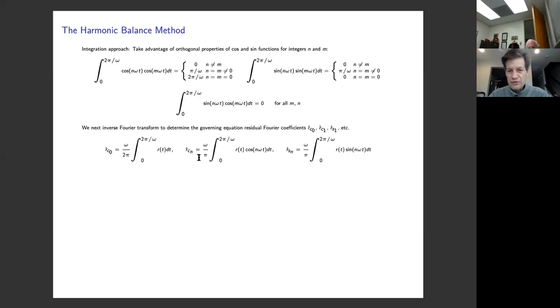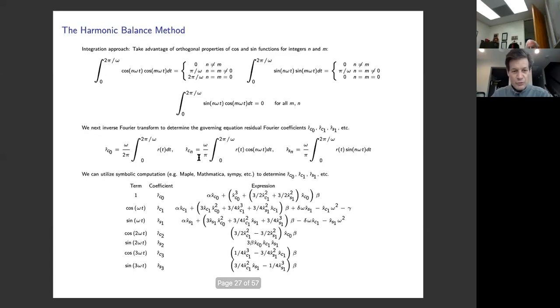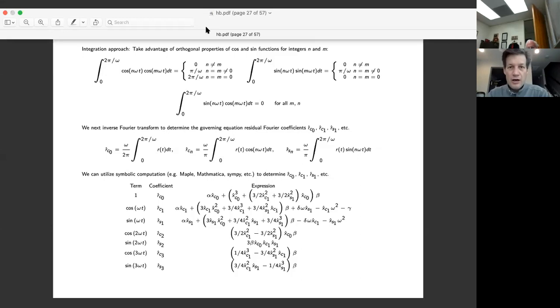You just plug them into your Mathematica or Maple script, what have you, and solve directly, or you could do it by hand if you're brave enough. And again, you will end up with the same expressions for these coefficient terms if you go through and do the analysis.